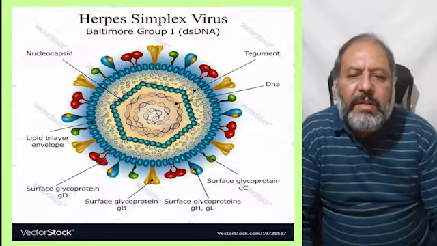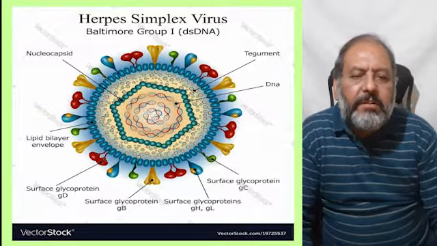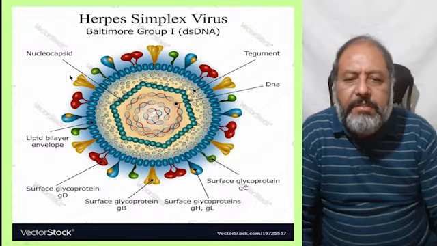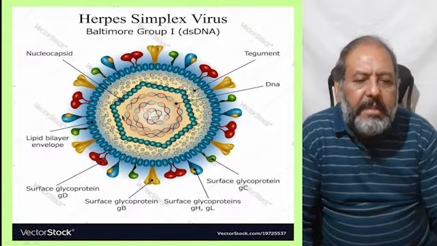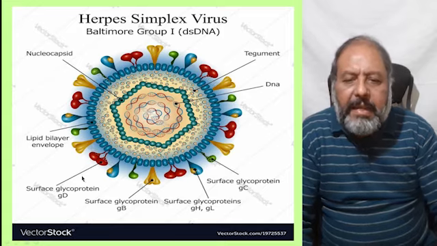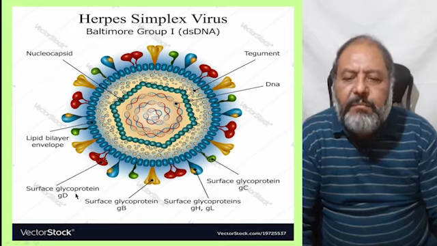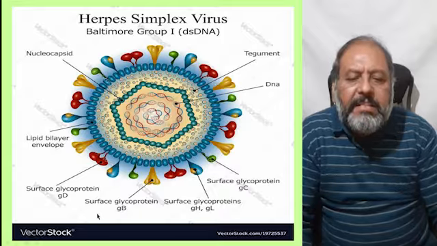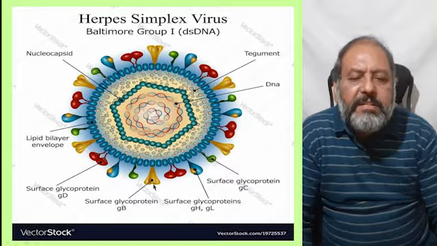So here one can see the structure of the herpes simplex virus. So here is the nucleocapsid, and here is the lipid bilayer envelope, and here are the surface glycoprotein GD and surface glycoprotein GB.